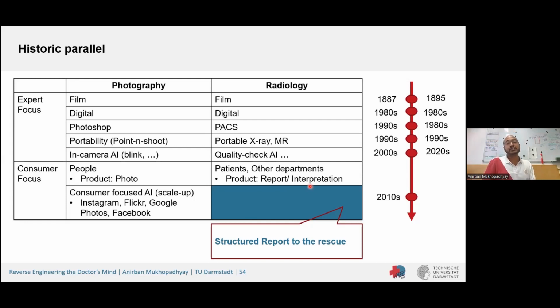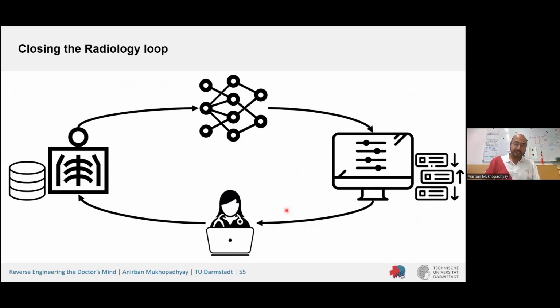So our solution is of course not perfect, but we relied on structured reports to solve the problem, to complete the loop. And here, the German Ministry of Health was really, really nice. They funded us with generous support, so that we could collaborate with clinicians, but of course also with a company called Smart Reporting, to close this information loop.